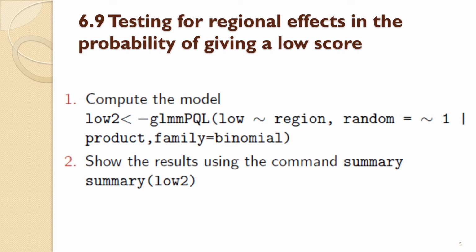The random term just means that there's some correlation in the data caused by repeat observations from the same hotel, and the family equals binomial bit again just means that what we've got here is a probability regression model, and R needs to know this. Okay, otherwise R will think it's a linear regression model and do the thing wrongly.